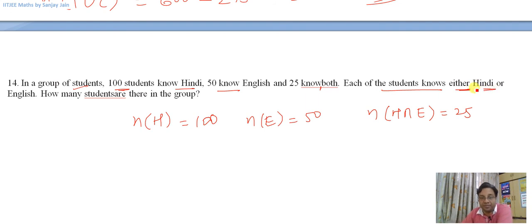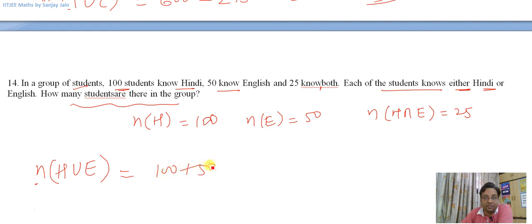That means we are talking about the entire universe. So how many students are there in the group? Whatever their union is, the number of students in the union of these two will give me the total students in the group. So it is equal to 100 plus 50 minus 25. That is 125 students.